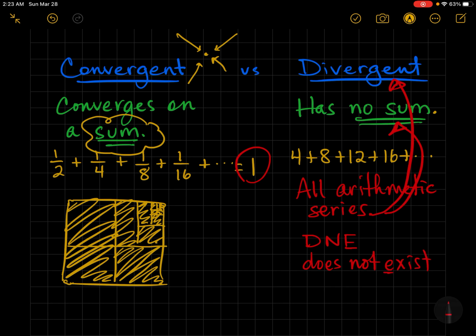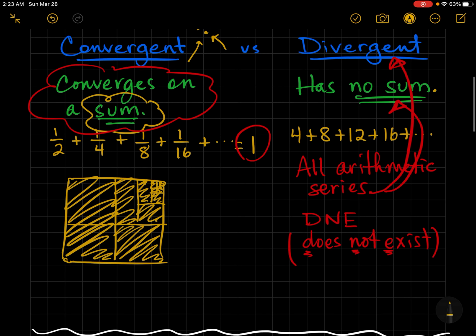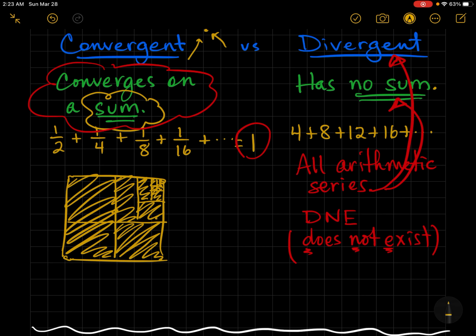Okay, and that you'll get a lot more familiar with in calculus, the DNE terminology. Also, when we say that it converges on a sum, know that some geometric series converge and some diverge.